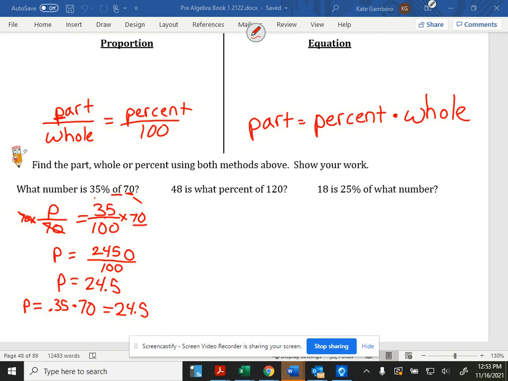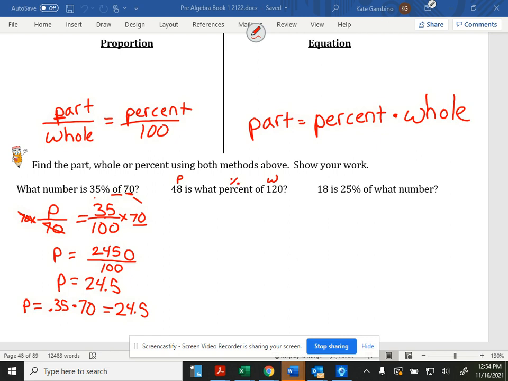So if we're looking at 48 is what percent of 120? How would I set that up? If I want to do the proportion setup, Paisley? First, you want to figure out where your part, your whole, and your percentage is, right? So what's my part? 48. 48 is the part. What's the whole? 120. And where's the percentage?